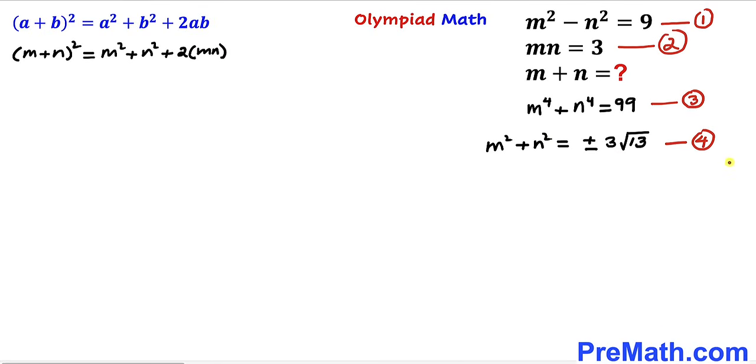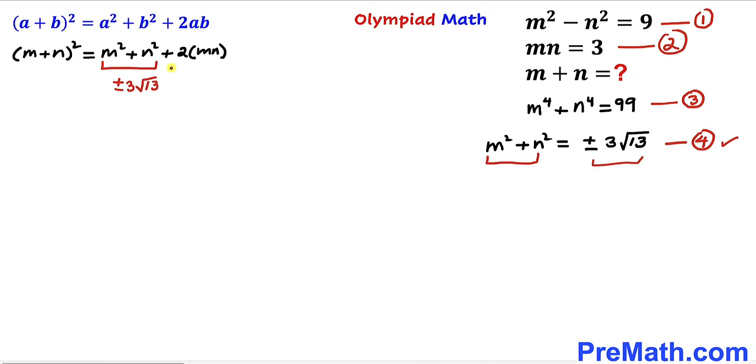And now let's focus on this equation for m square plus n square value is positive or negative 3 times square root of 13. So I'm going to replace that one with positive or negative 3 times square root of 13 over here.